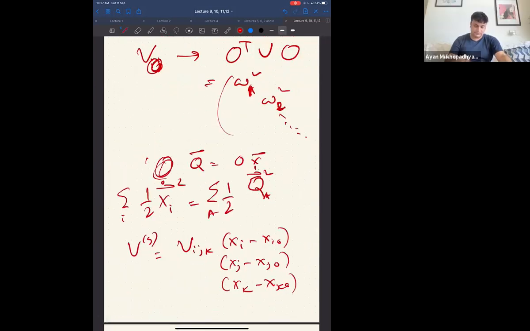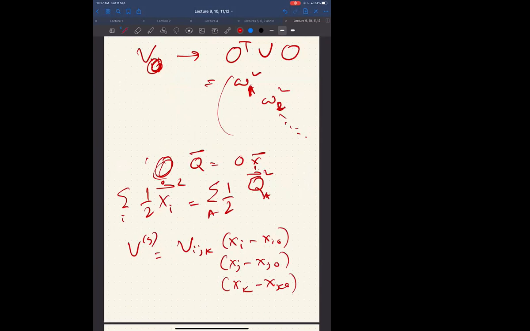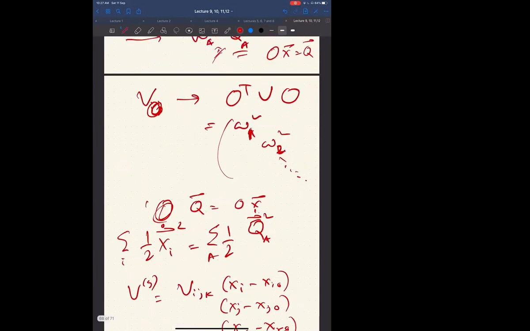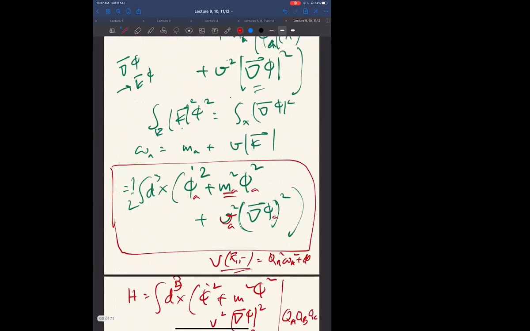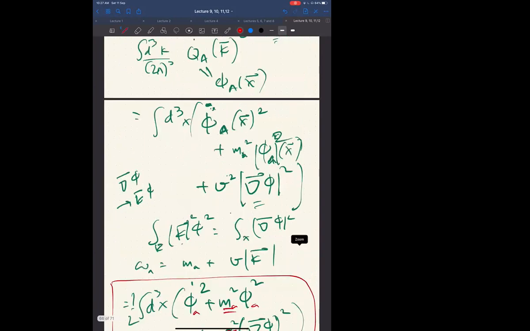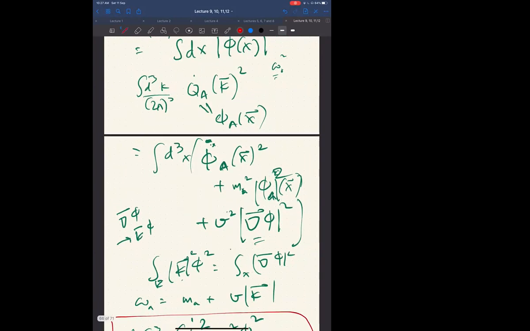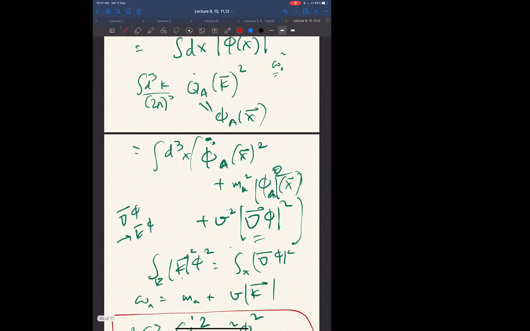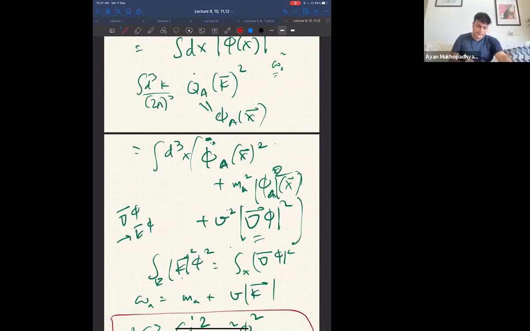Yes, ask me. Could you go to the place before, where you have expanded the Fourier transform? There will also be a term 2 m_a V mod k. Yes, I already said that there will be a term which is m_a V grad phi, right? One way to write it is V dot grad phi times phi.